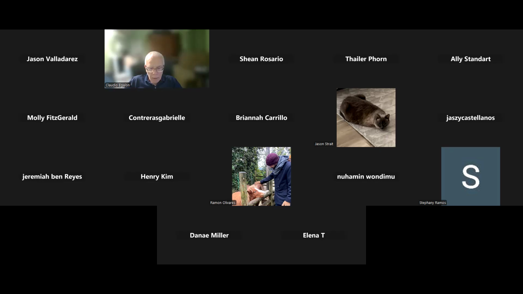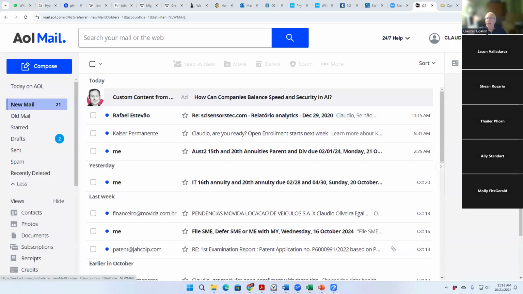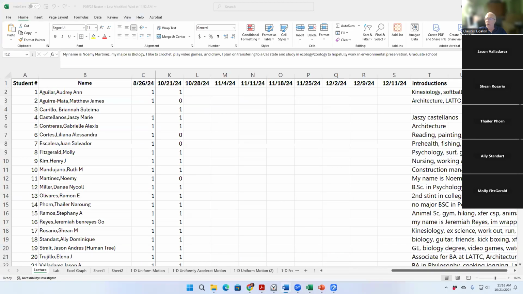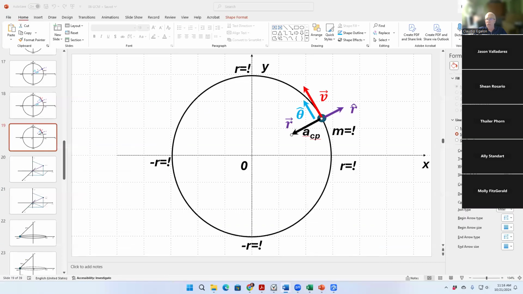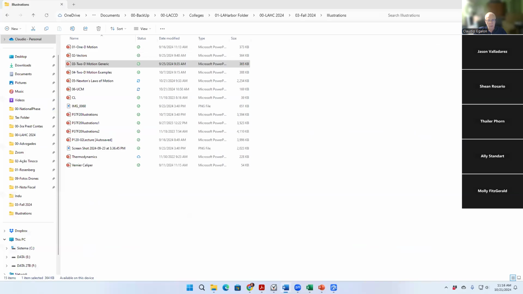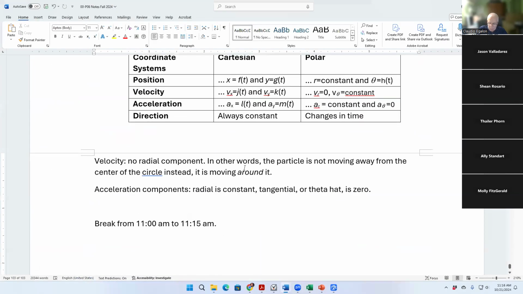I'm back here, and let's now get the equations of motion of this particle. Okay, that's the idea here. We will now find the equations of motion of a particle that undergoes UCM, uniform circular motion.